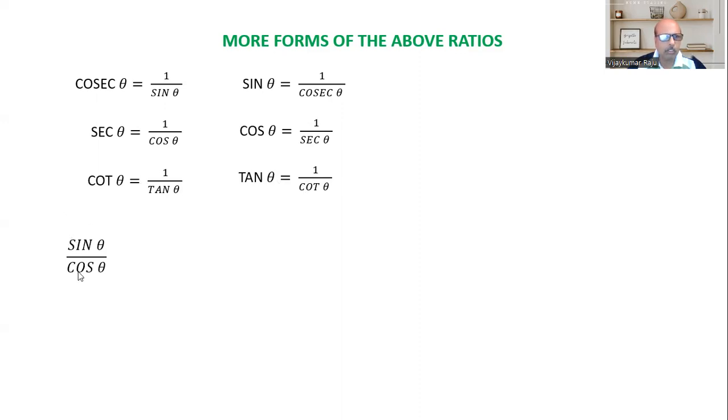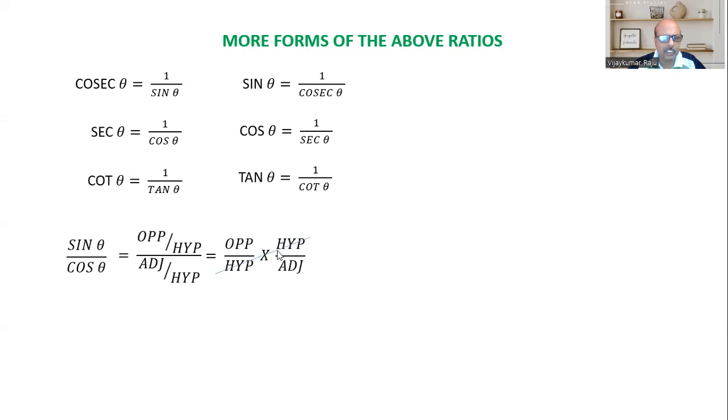Now, let us take the ratio sine theta upon cos theta. What is sine? Opposite upon hypotenuse, divided by adjacent upon hypotenuse. That is opposite upon hypotenuse into hypotenuse upon adjacent, because in division you take the reciprocal and multiply.